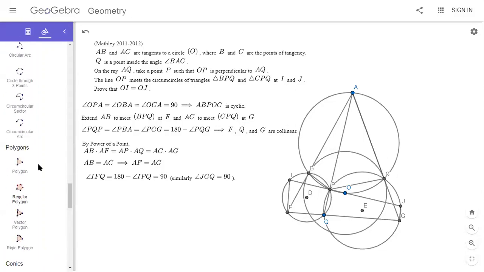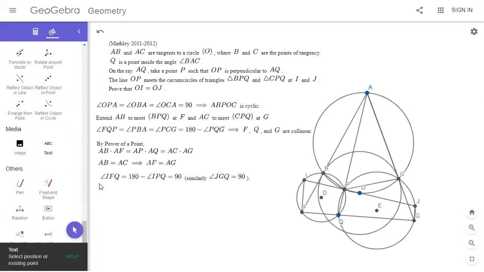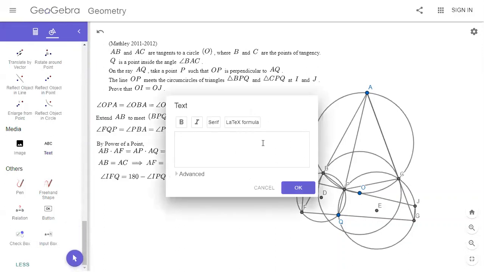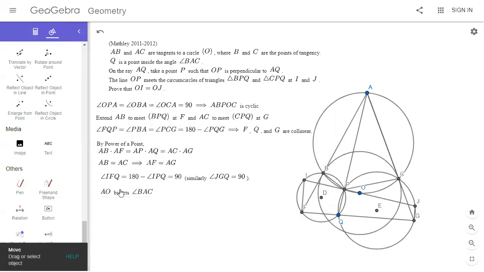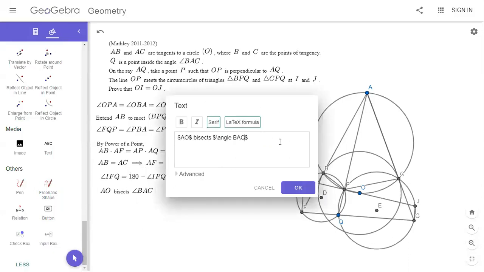So since AO bisects angle BAC, or I'll just say that. That means that AO is perpendicular to FG, since AF is equal to AG.